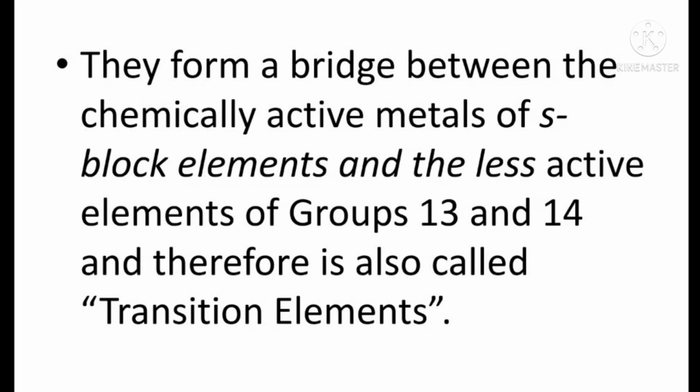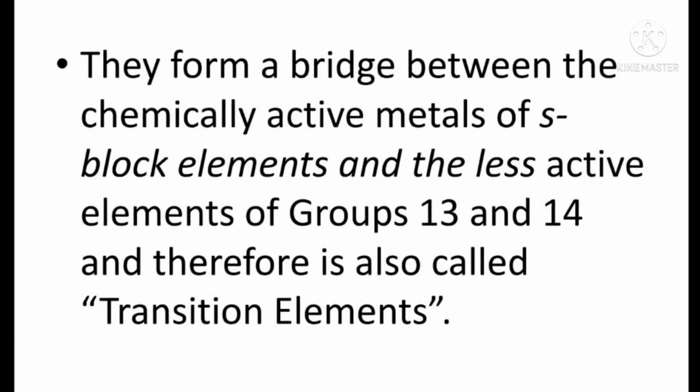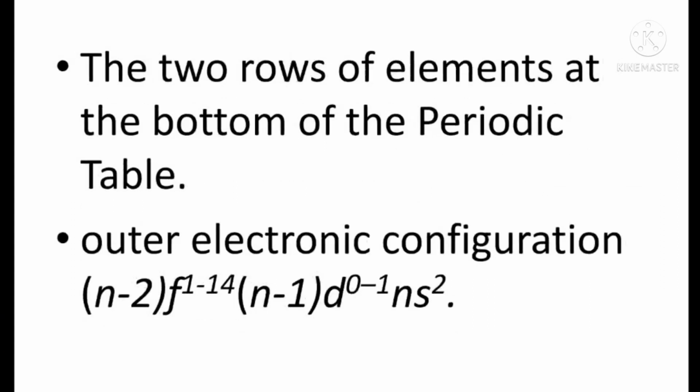That means they show some transition in their properties when we move from left to right. Therefore, these elements are called transition elements. Since most of them are metals, they are often called transition metals.